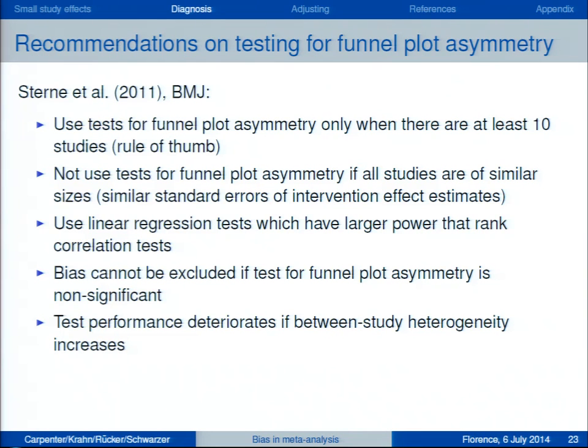But we expect more variability in the smaller studies, and so we give them less weight in the summary. But we don't expect them to systematically show a smaller or larger effect once you've accounted for the fact that they are more variable.